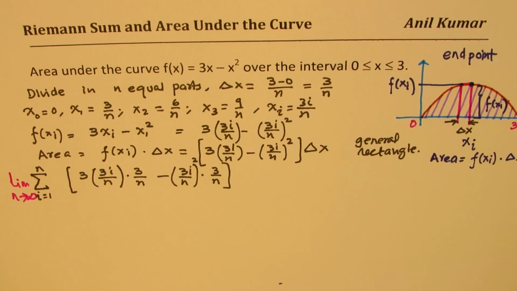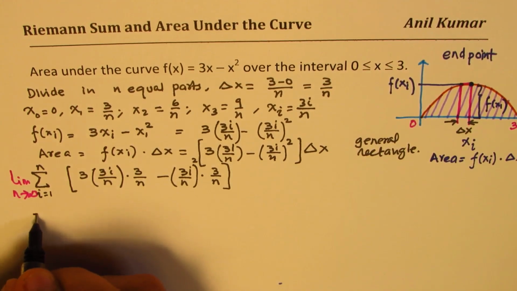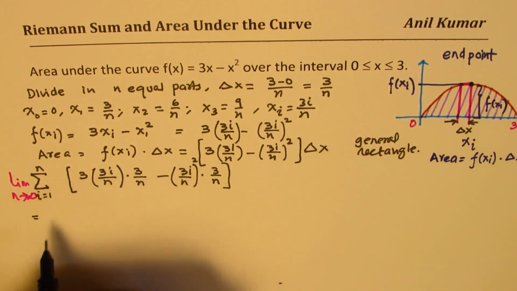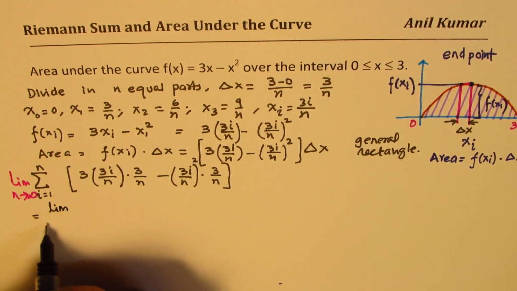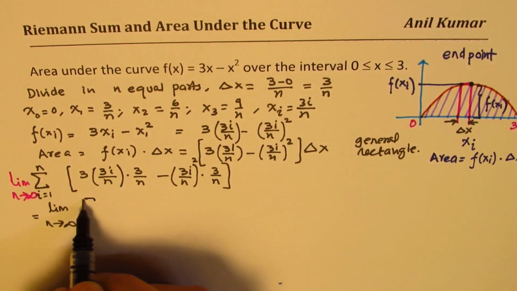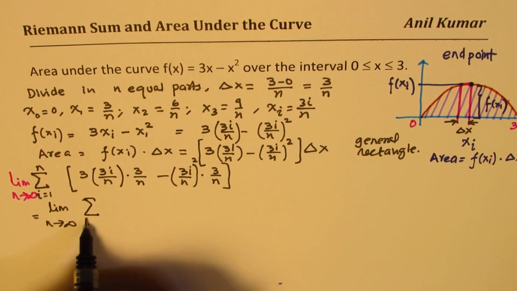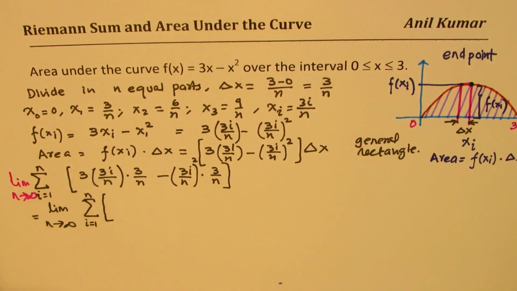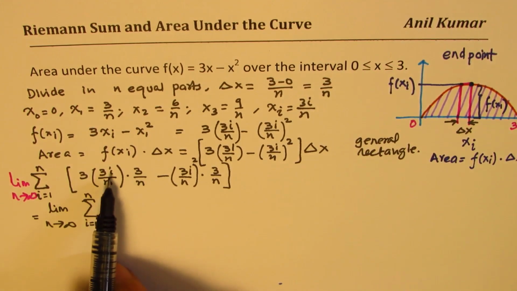Perfect. So now we could write the area under the curve from 0 to 3 as all this. We'll say limit n approaches infinity, and the sum being from i equals 1 to n of, let's multiply these. So i and other things are independent of i.